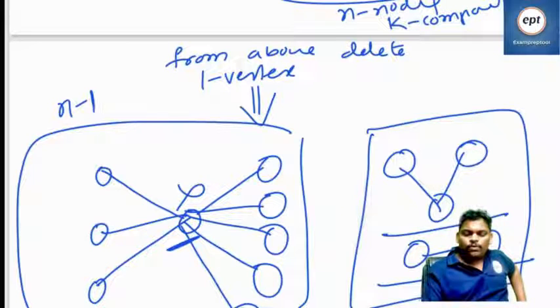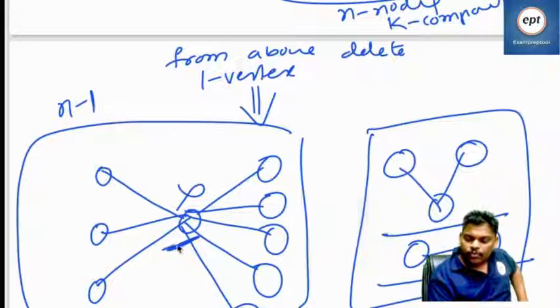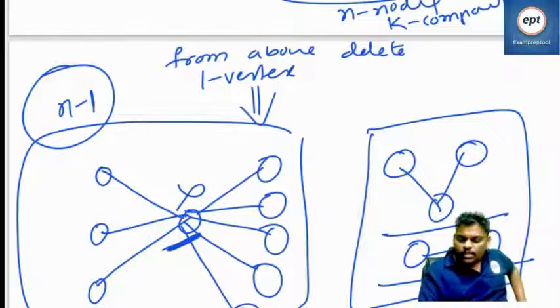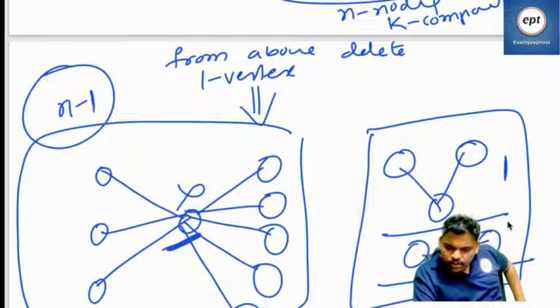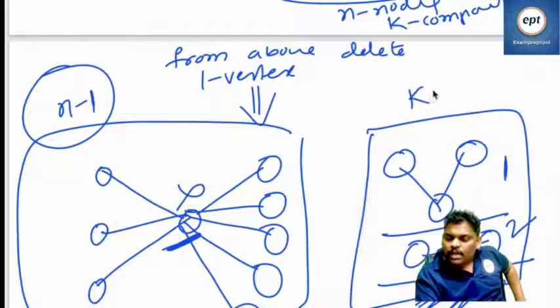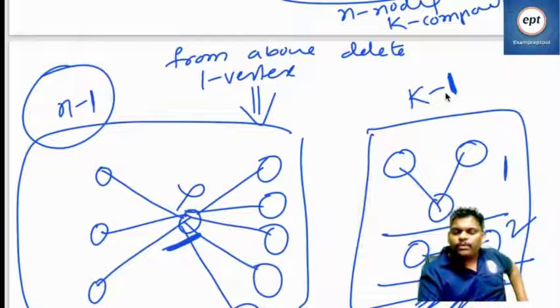Yeah. So in the first graph, if you delete this person, k components become k minus 1 components. In this one, component 1, component 2, component 3. If you delete this one, the number of components will decrement by 1. Previously k components, now k minus 1.